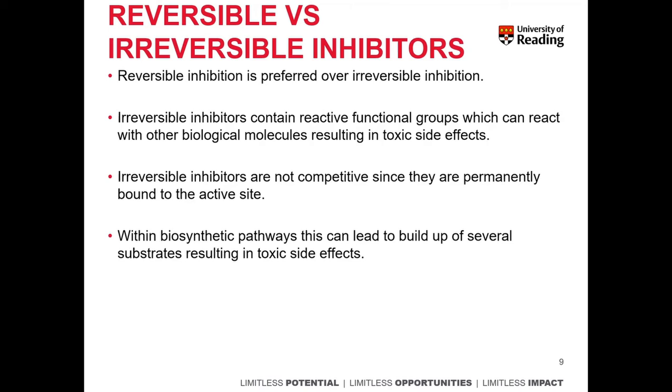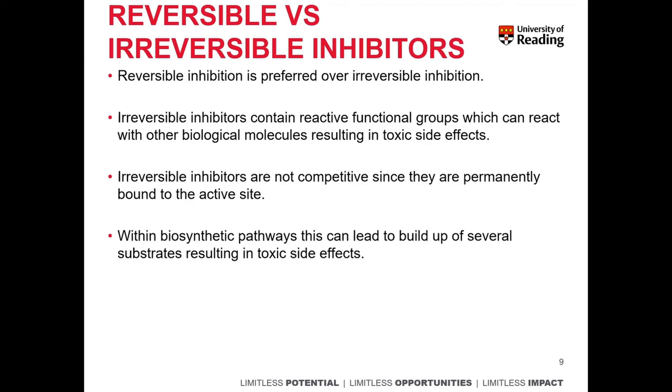Now, what I mean by this is they contain functional groups which not only will react with their intended target, but could also react with other proteins or even nucleic acids, such as DNA or RNA, within the body. Now, this off-target binding will cause significant side effects, and this will obviously cause a serious problem for the patient. And therefore, drugs which form a permanent covalent bond in this way are not preferred when we're trying to develop new compounds.